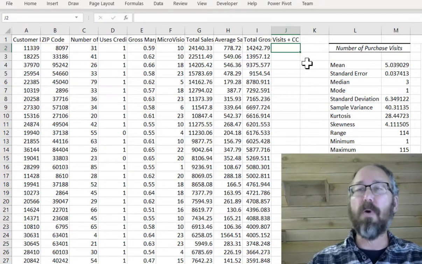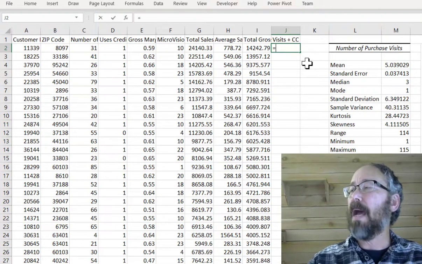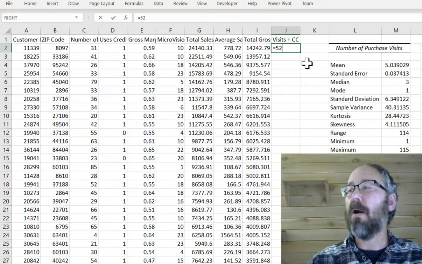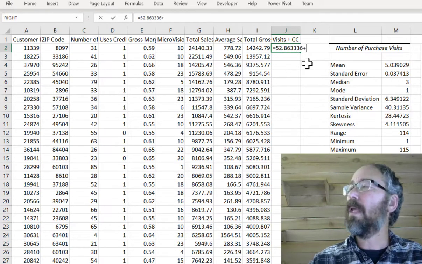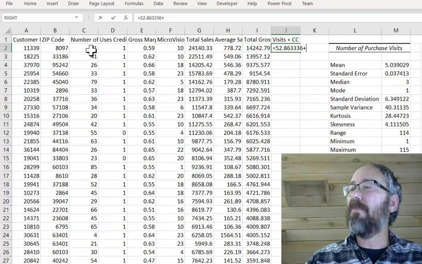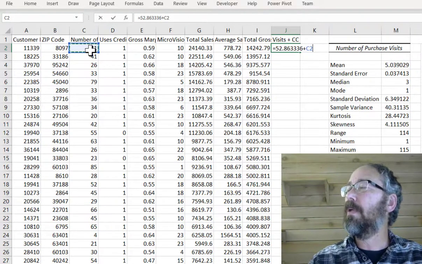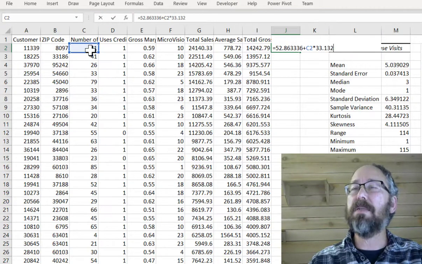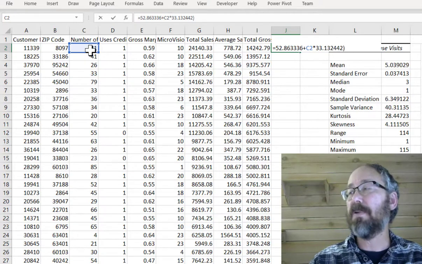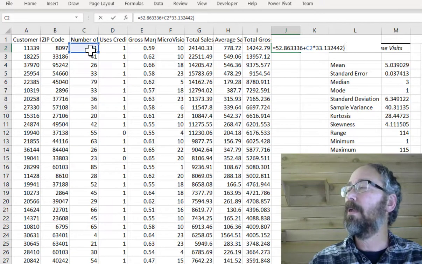So I'm looking at the formula off screen, and I'm going to type in first of all our intercept, so plus, and this will be our number of visits, so C2 times, and then that's the constant for C2, or if you will, the M for C2, although it's not a slope.